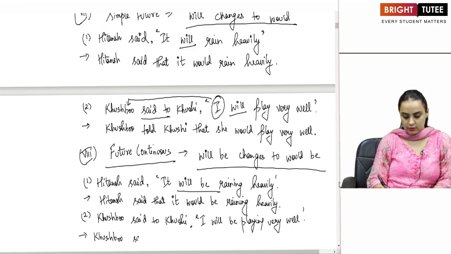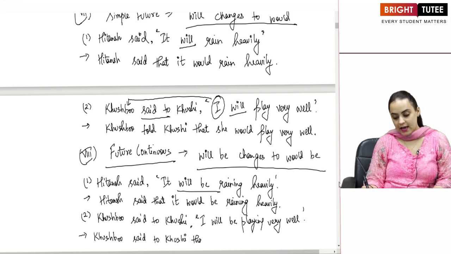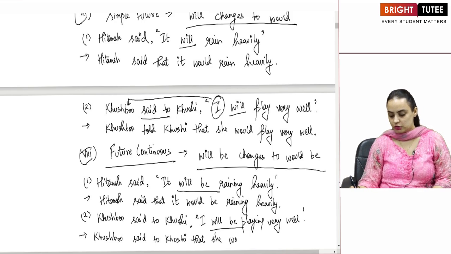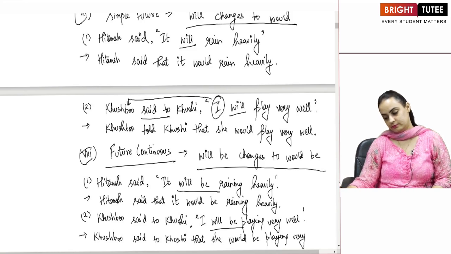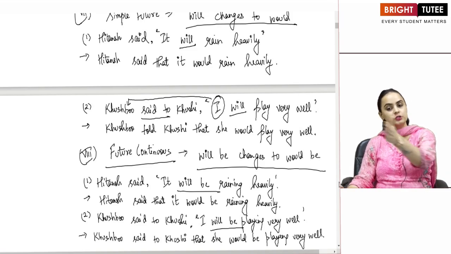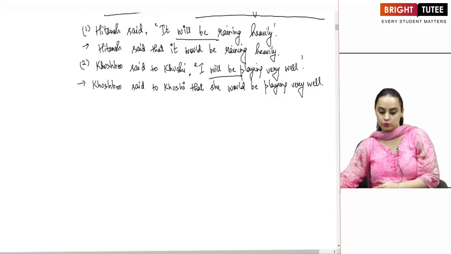Khushbu told Khushi that she will be changes to would be playing very well. So in simple future we changed will to would. Future continuous we change will be to would be.